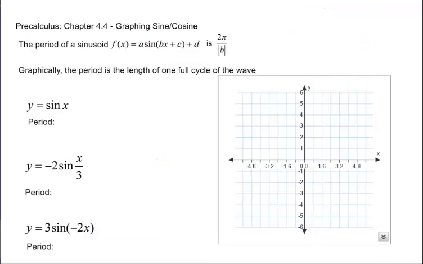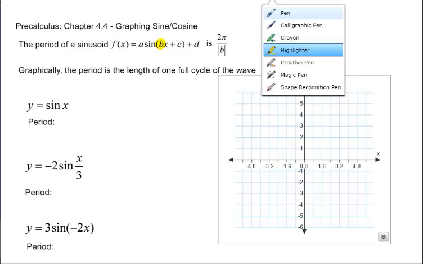A topic that goes right along with amplitude that you'll hear a lot about when you are doing sine and cosine curves is the period of a curve. The period of a sinusoid is 2 pi over b, and b is the number in front of the x. So 2 pi divided by b, whatever that might be.